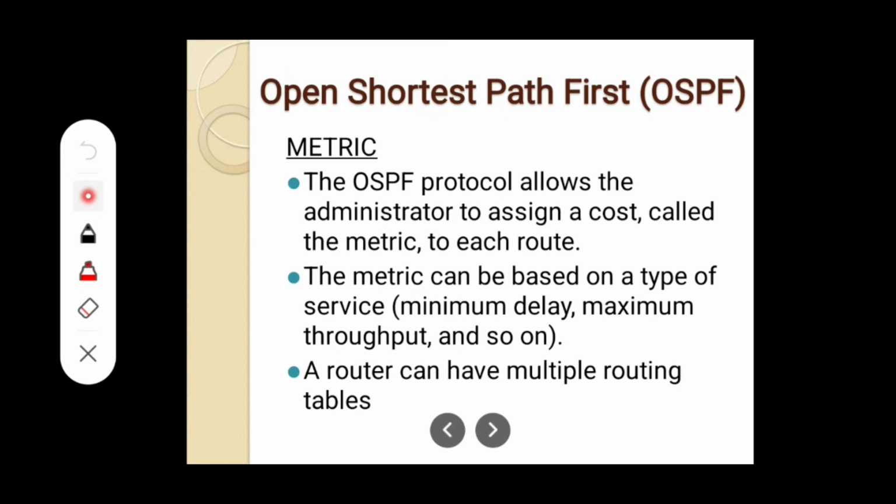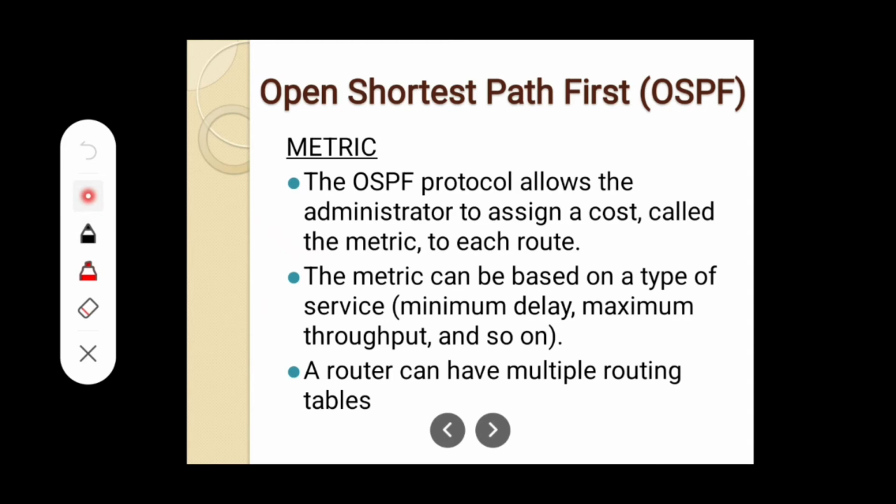Next, metric. How is this routing performed? For that we have to assign a value between each router. That is called metric. That metric can be based on the cost or the delay or the throughput or anything we can have.